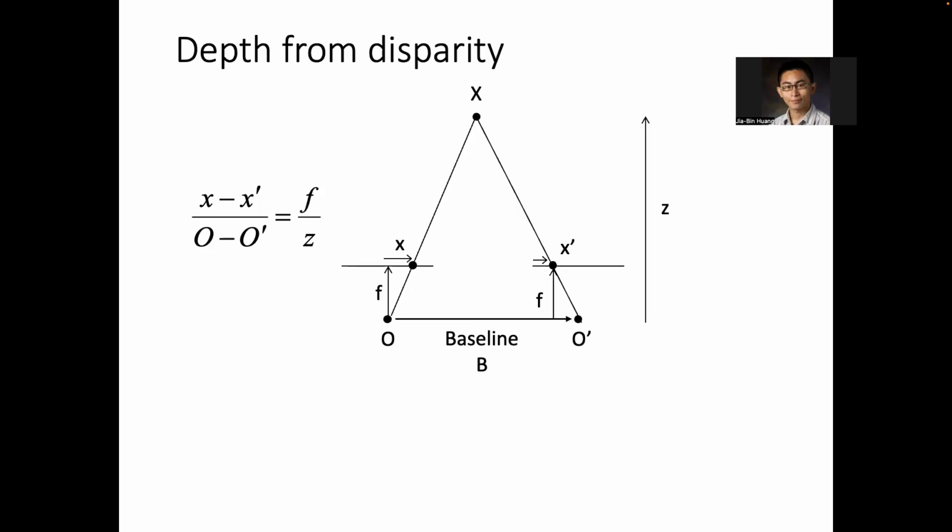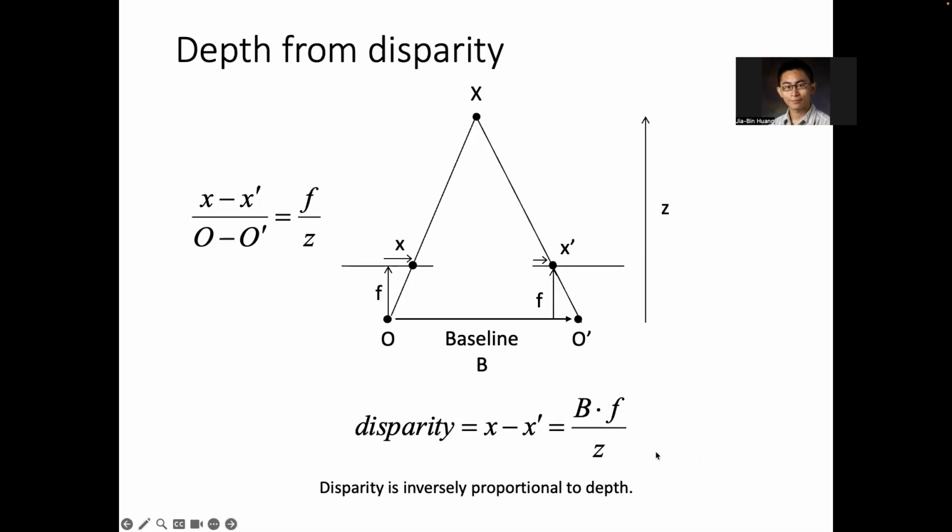In this case, your camera is your eye, and that shift is called disparity. So from the similar triangle you get this ratio, which means that you can recover this.